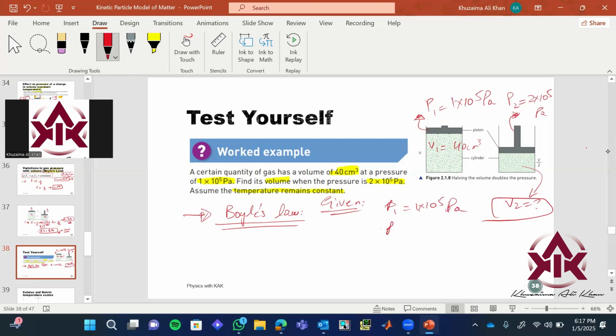V1 is 40 centimeter cube. We convert this into meter cube as 40 into 10 to the power minus 6 meter cube. You're also given P2, which is 2 exponent 5 pascals, and you want to find V2. This is how you can write down the data.